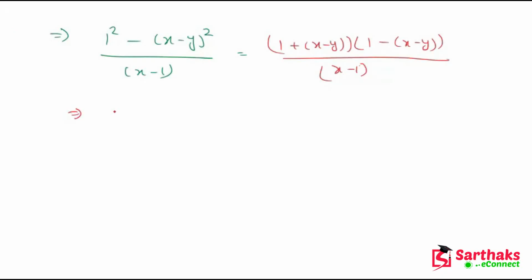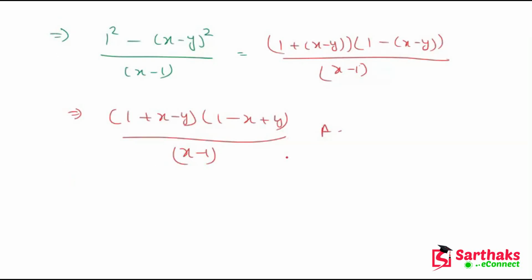Now open the internal bracket: 1 plus x minus y into 1 minus x plus y, because of the negative sign all the signs in the bracket change. Understand? This is the answer of this question.